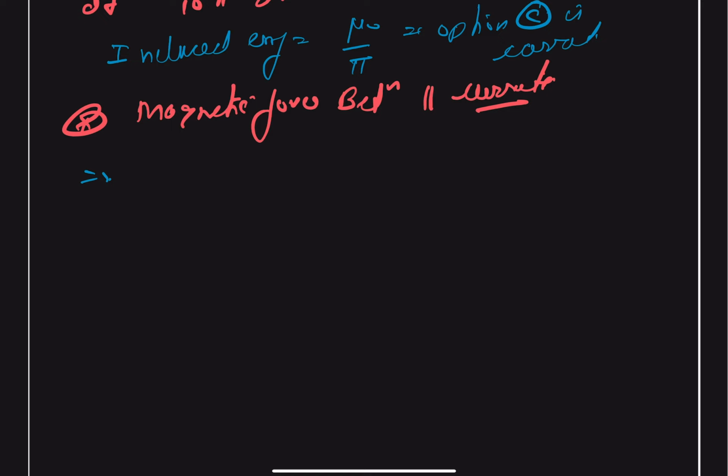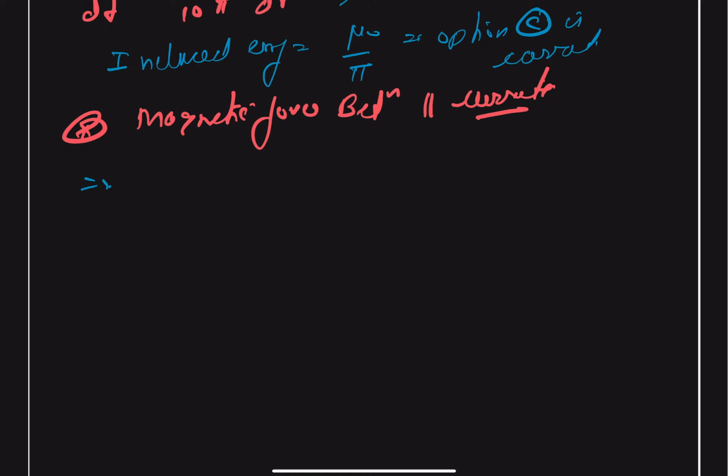When two parallel currents are in the same direction, they are going to repel each other. So let me write here: two parallel currents in same direction repel.